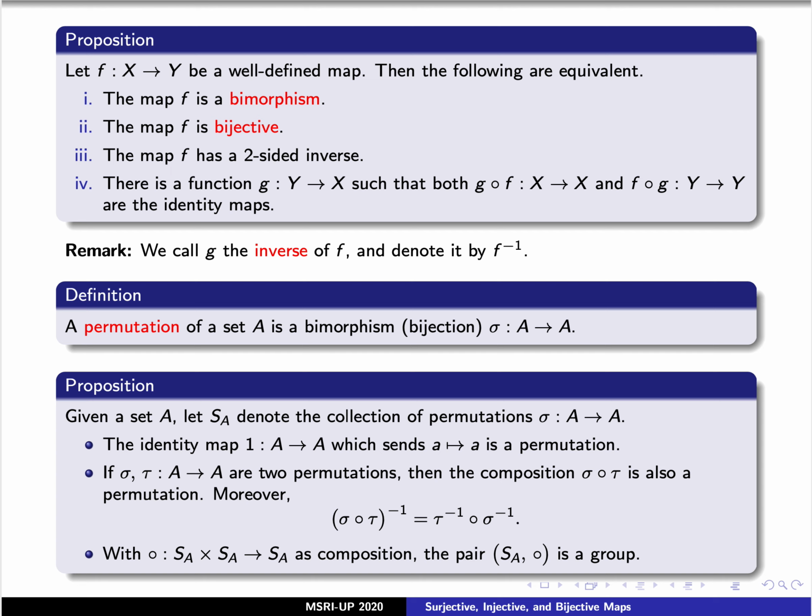Notice how the order here of the tau and sigma are slightly rearranged. Finally, if we consider circle here to be composition, then we actually have a group. That is, the pair S sub A, again S sub A is the collection of permutations from A to A, and circle here is composition, that pair will be a group.